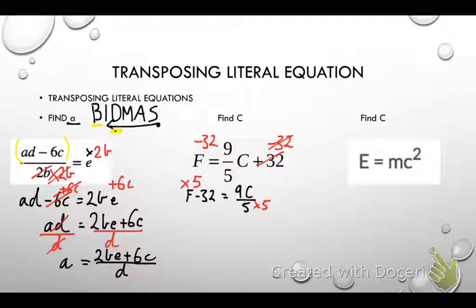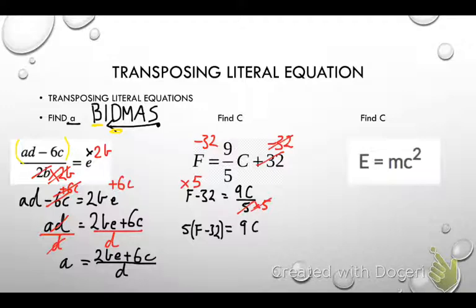Now that's going to take out the 5, leaving our right-hand side as 9C. And on this side, we've got to remember that it's the whole left-hand side that's being multiplied by 5. So we're going to go 5 and put F minus 32 in brackets.